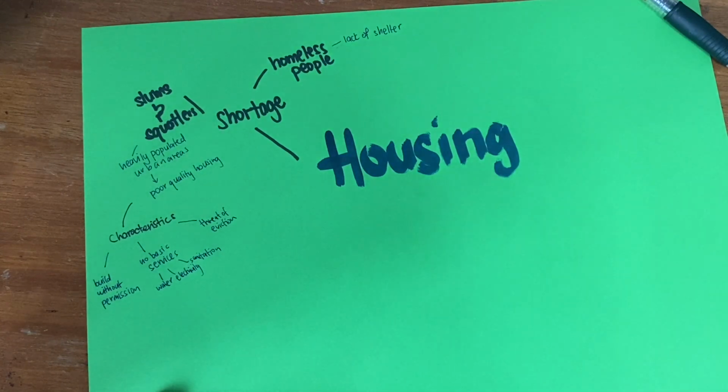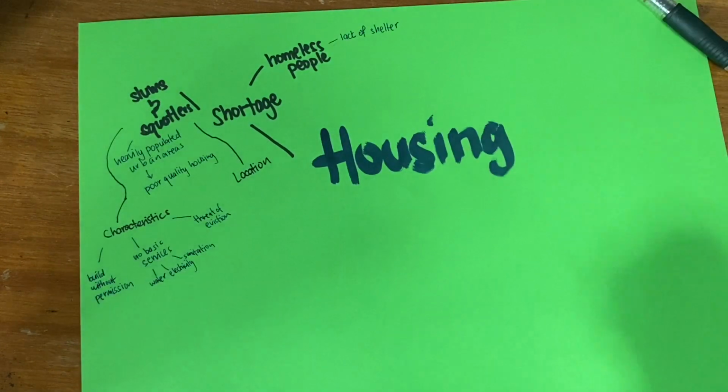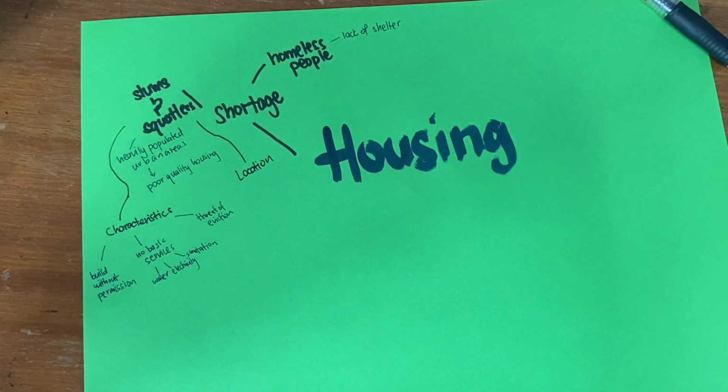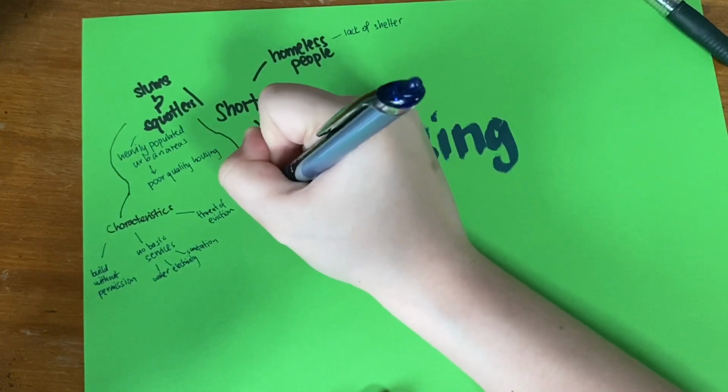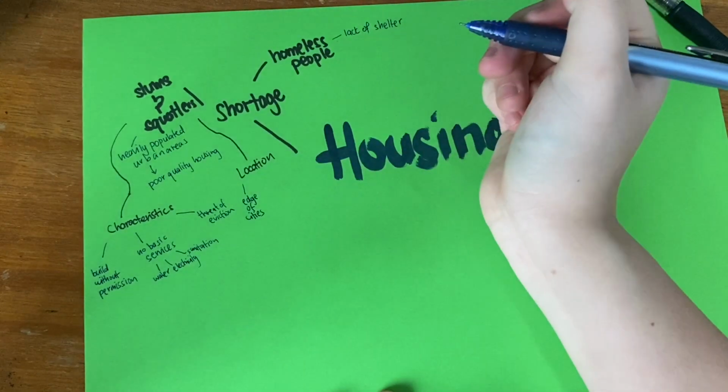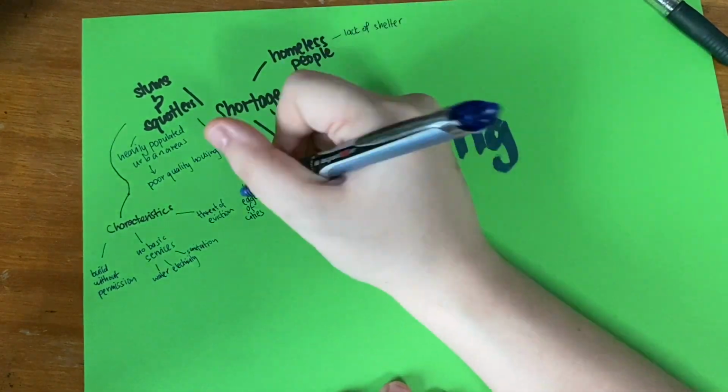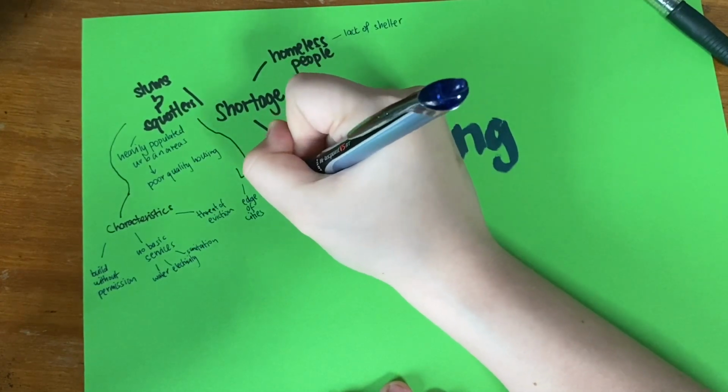Besides all this, I also want to go into where you can find slums and squatters. These places are usually found at the edge of cities. It can also be found along major transport routes.